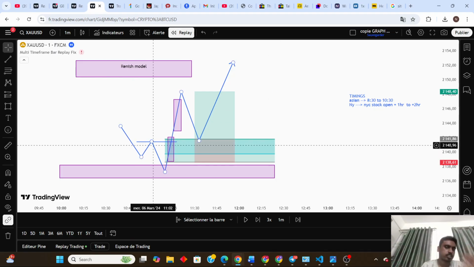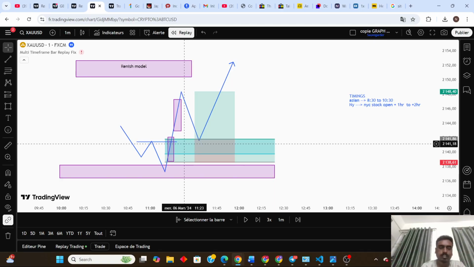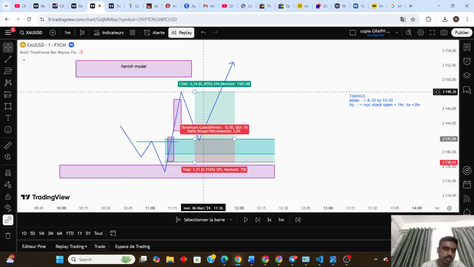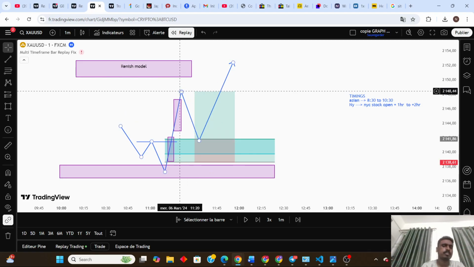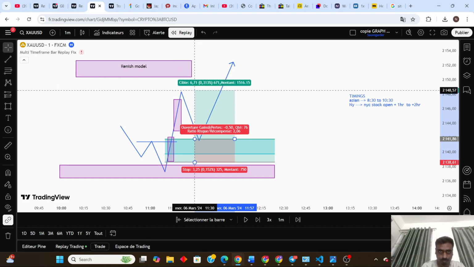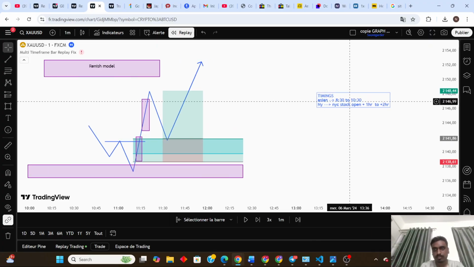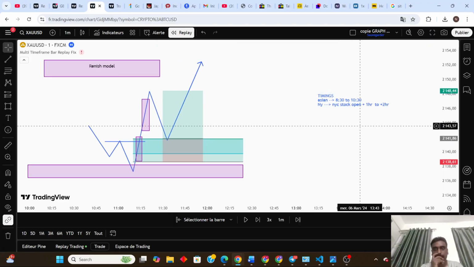It should have a market structure shift. It should have a displacement, and you should take entry at the 0.6 level and take exit at the 0 point, the main swing high, and if you want to continue, you can continue. Then there are the timings. These are the two timings you can trade.